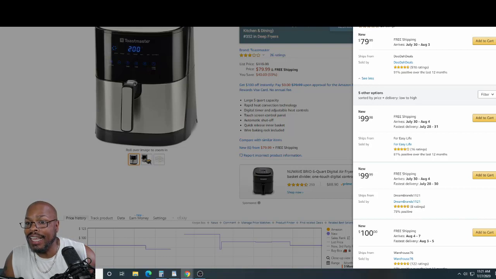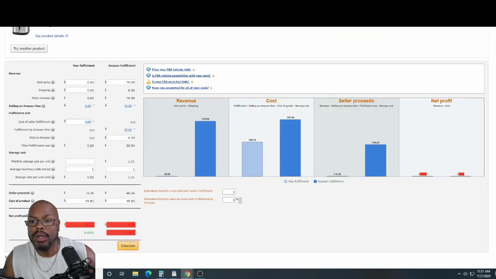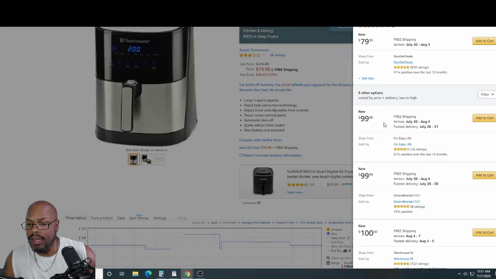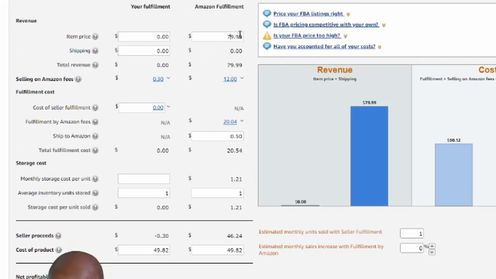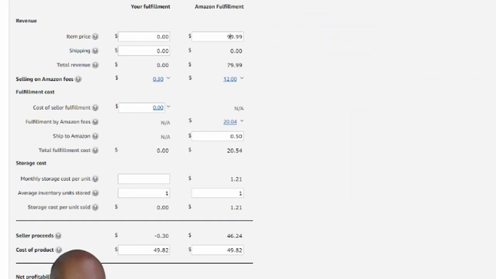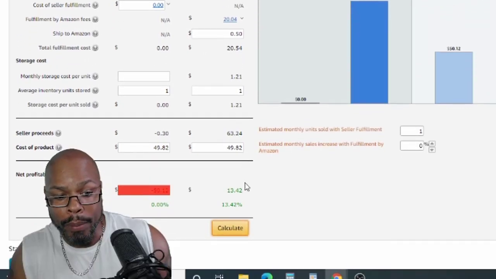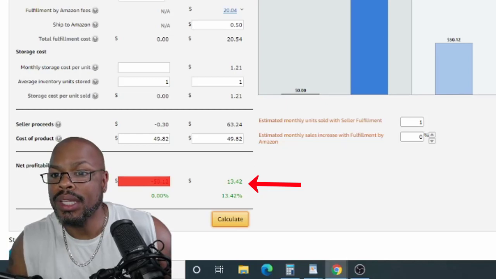That means I would be the only person with that product sitting out there. So if you look at the next highest person, they're selling it for $99.99. What if we did that and we calculate? Now we're making $13.